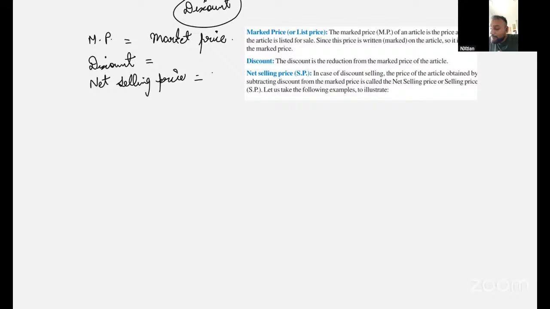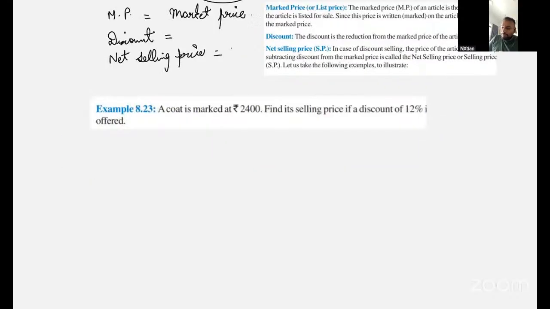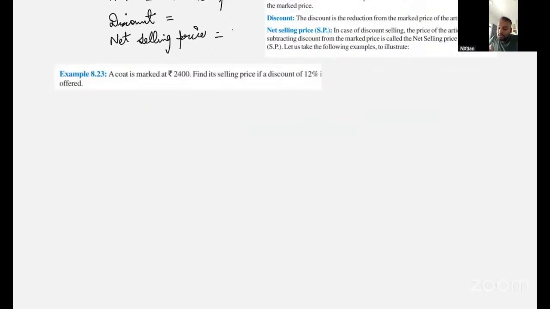Okay, so now how does it work? We'll do one question for more clarity. Who can read well? Nobody can read well. Oh, okay. So this is the question: A quote is marked 2,400. Marked means this is the MP, list price, market price.